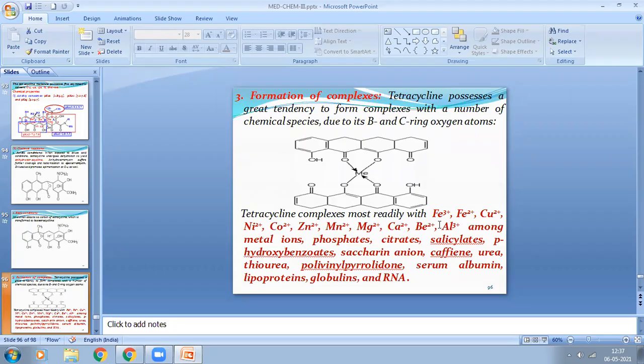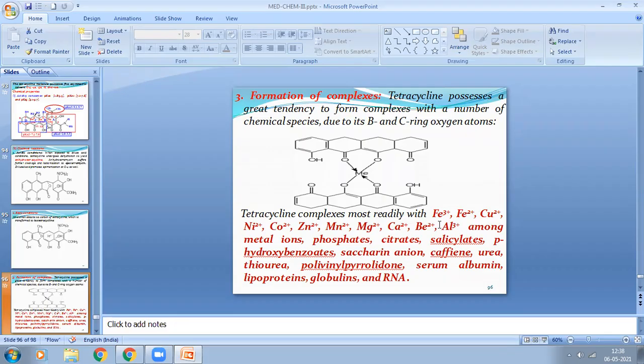Remember, this is a very, very important point for drug interaction as well as the absorption of the tetracycline from the GIT. Tetracycline has a greater tendency to form a complex with the metals or other chemical species due to the oxygen atoms present in the B and C ring.